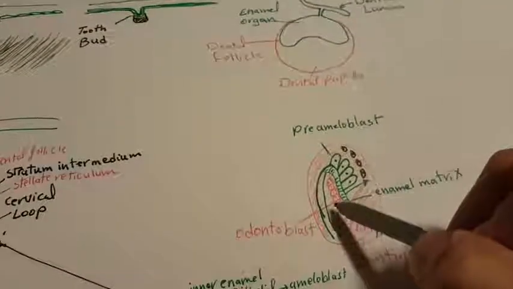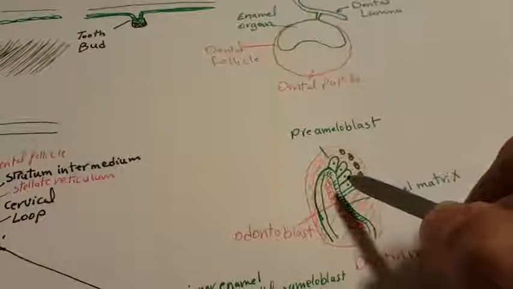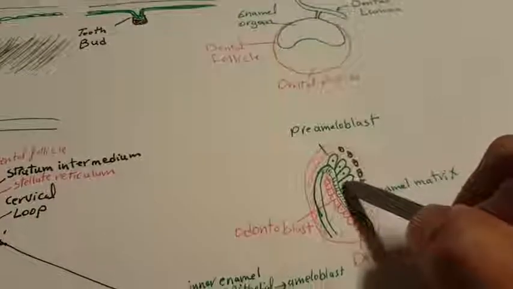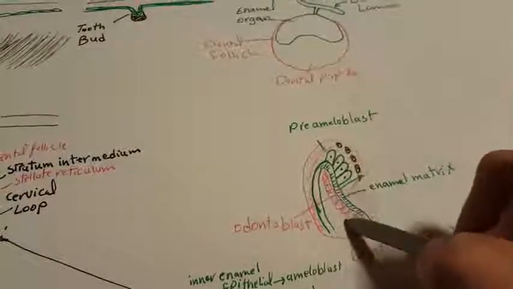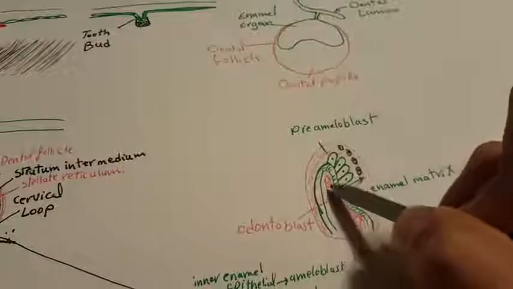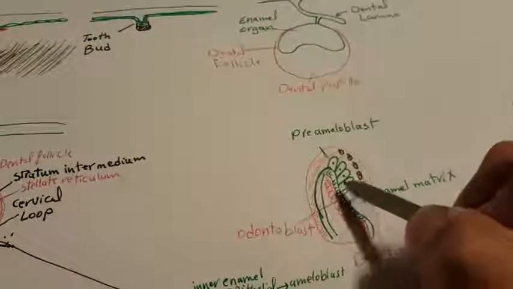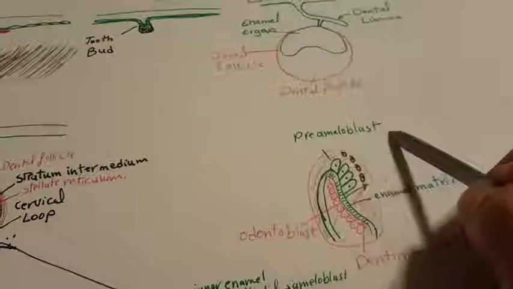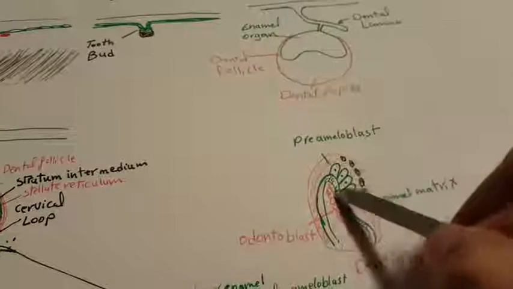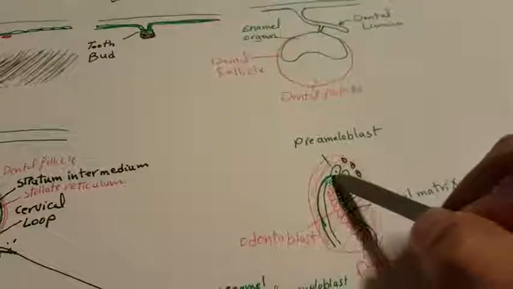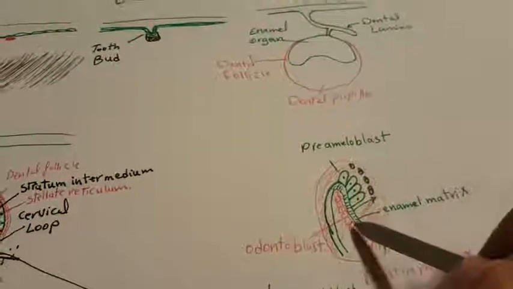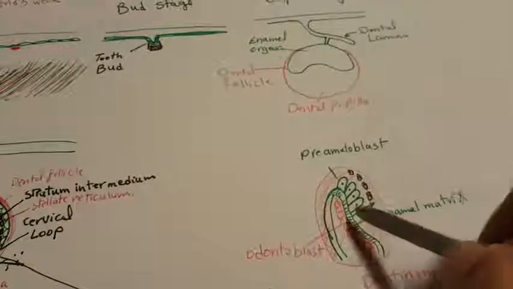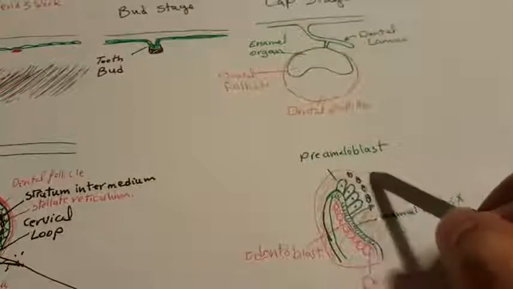Just know that the elongation of the inner enamel epithelium will enhance the formation of the odontoblast, which elongates and moves down, leaving the dentine matrix. Then these elongated cells, the pre-ameloblasts, will transform into ameloblasts, moving up, leaving enamel matrix. So here's the enamel matrix, here's the dentine matrix, this is the formed odontoblast, and this is the formed ameloblast.